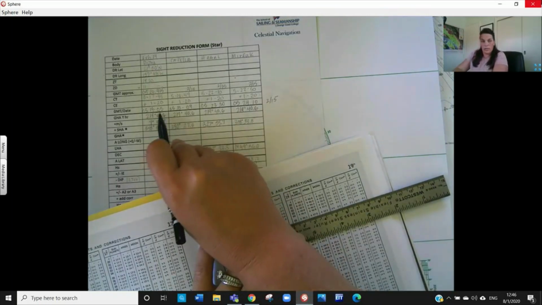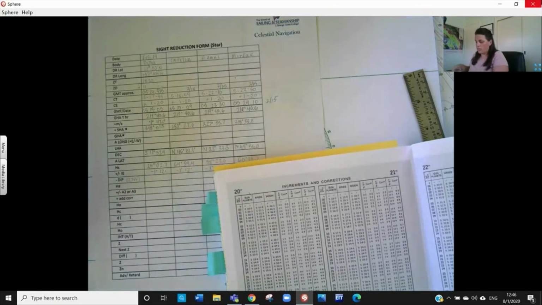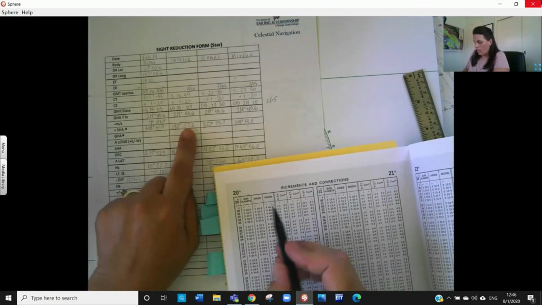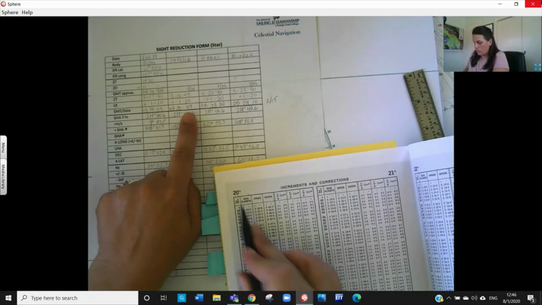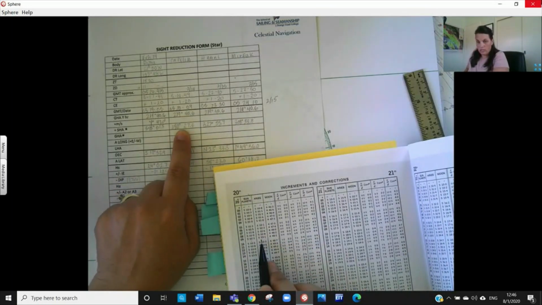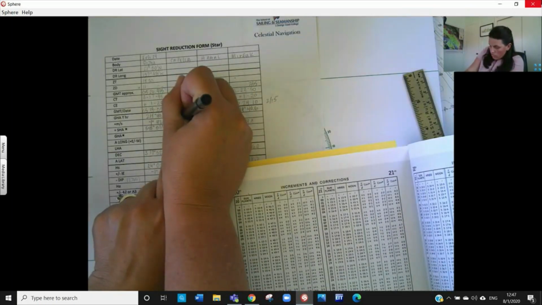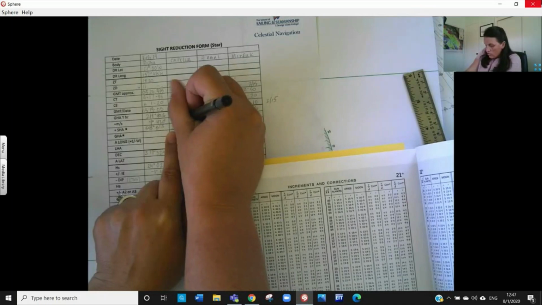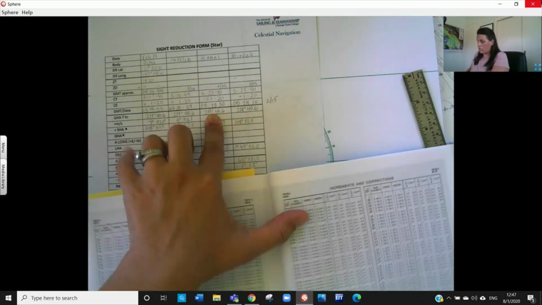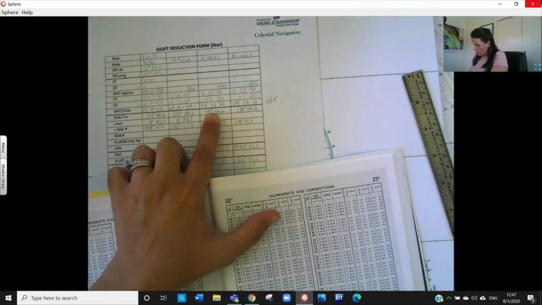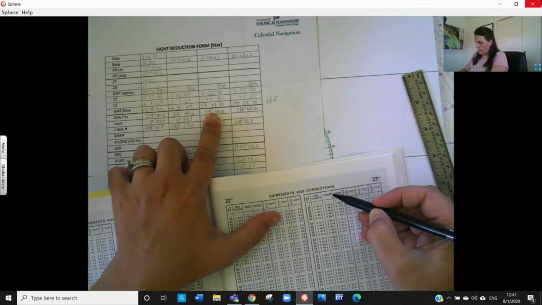That was our time here. Now we got one about a minute later, at 20:09. Then we're at 23:30. Again, you always want to go from Aries.